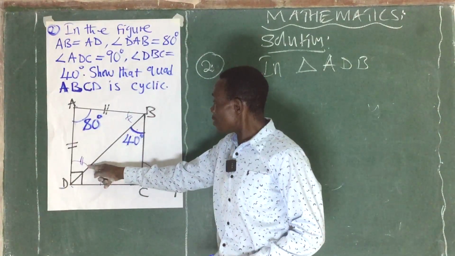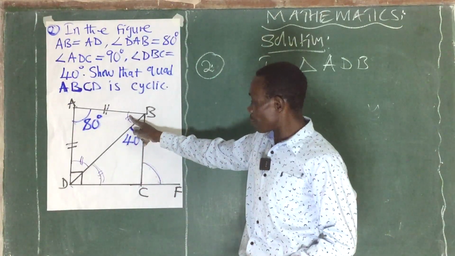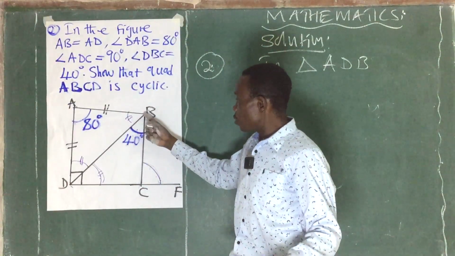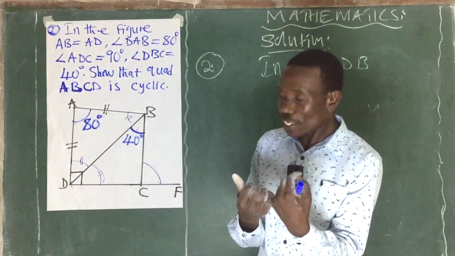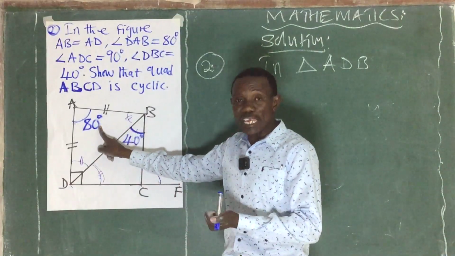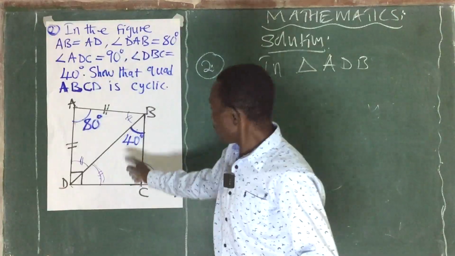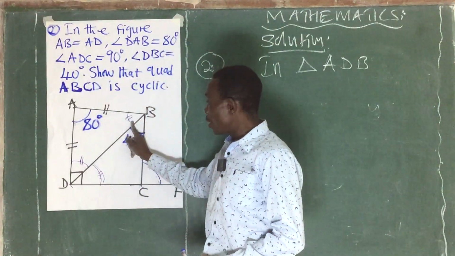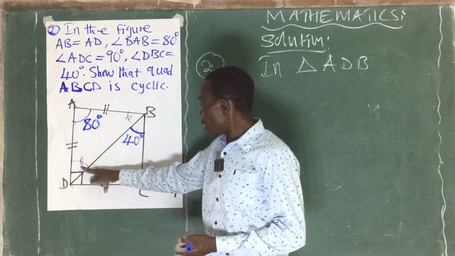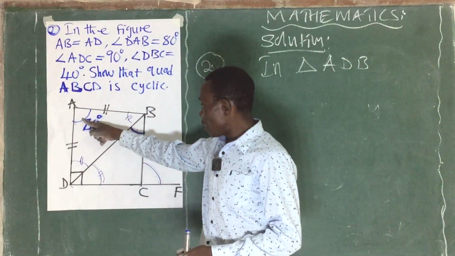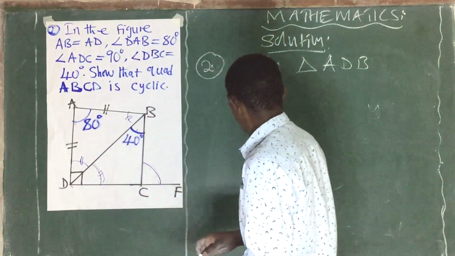If I would like to work out this angle, since I know this one is the same as that one, the remainder out of the 180, after we have deducted the 80 degrees, has to be divided by 2, so that the remaining two angles share because they're equal. Remember, this plus this plus this is 180 degrees. Out of 180, we have this one as 80 degrees. It means the remainder has to be divided. So here we go.